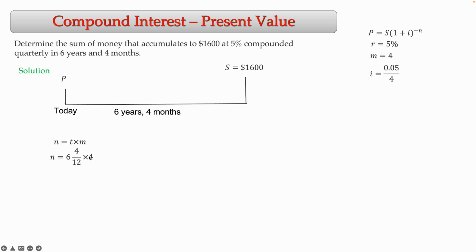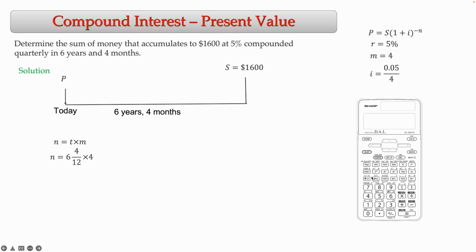Let's make this multiplication using our calculator. So this is the calculator, and again, I'm going to use this key ABC, and I type 6 fraction 4 fraction 12. This is 6 4 12. Multiply by 4. And now that I multiply by 4, equal.